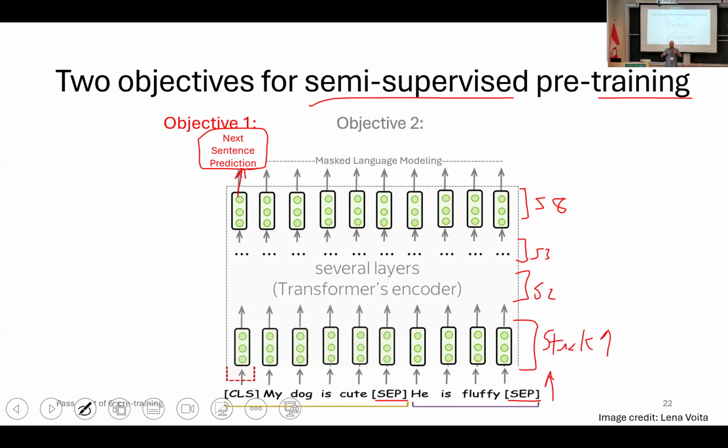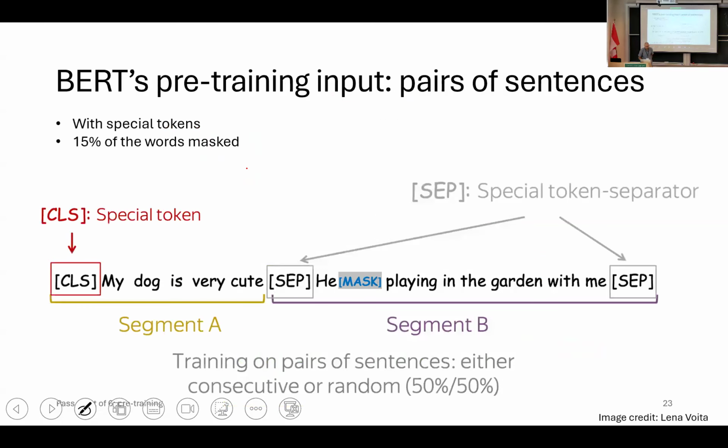One from Margaret Atwood's Wikipedia, one from something totally irrelevant, from some marine biology Wikipedia page. And then in the training, the weights initially are random, so the predictions don't make sense. Based on the error, we measure the gradients, and then we do backpropagation to update the weights, and gradually the model learns.